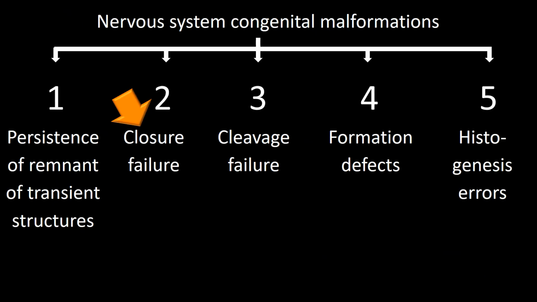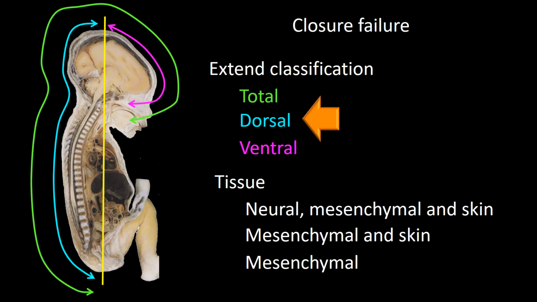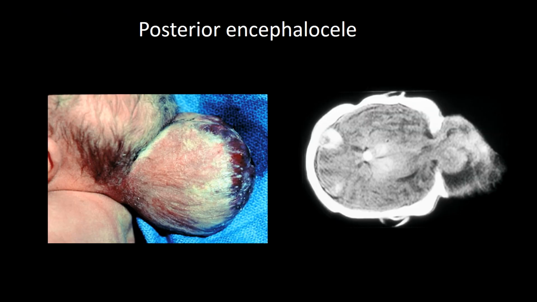Closure failure can also involve the dorsal aspect of the embryo and be restricted to the mesenchyma. As you can see in this patient with a posterior encephalocele, notice the size of the mass, the MRI finding reflects the physical constraint produced by the defect.